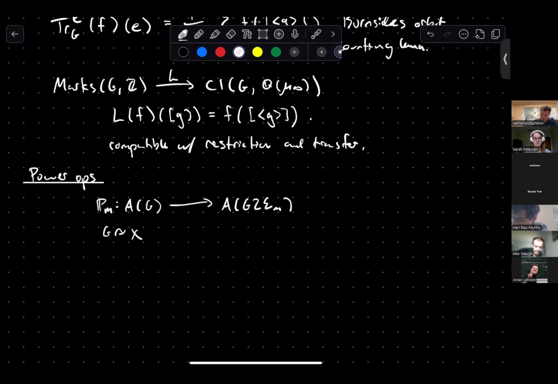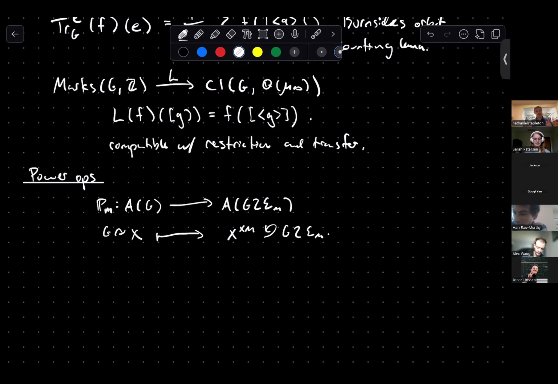If I have a G set X, what I want to do is raise it to the mth power and view this as a G wreath sigma M set. And you run into the exact same issues as previously. This is not an additive operation, but the failure of additivity is exactly these transfers that we talked about before.